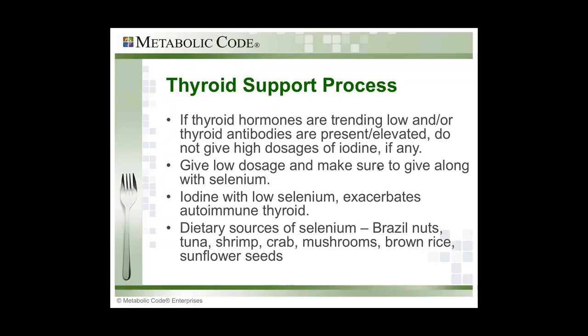So what is better to do in those cases, if you give any iodine at all, is a very low dose, and make sure that you give selenium along with it, because that helps protect against the problem from too much iodine. This is a combination that exacerbates autoimmune thyroid, so it's best just to stay away. In most autoimmune thyroid cases, we do not give thyrostasis, for example.